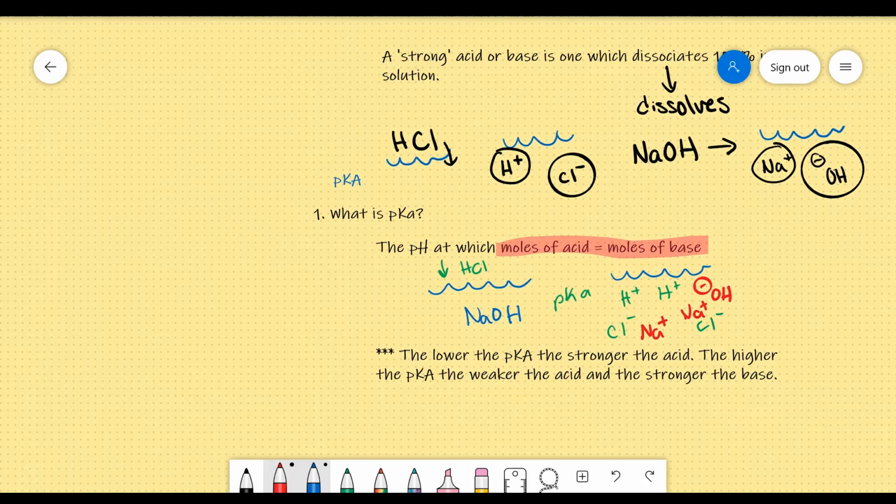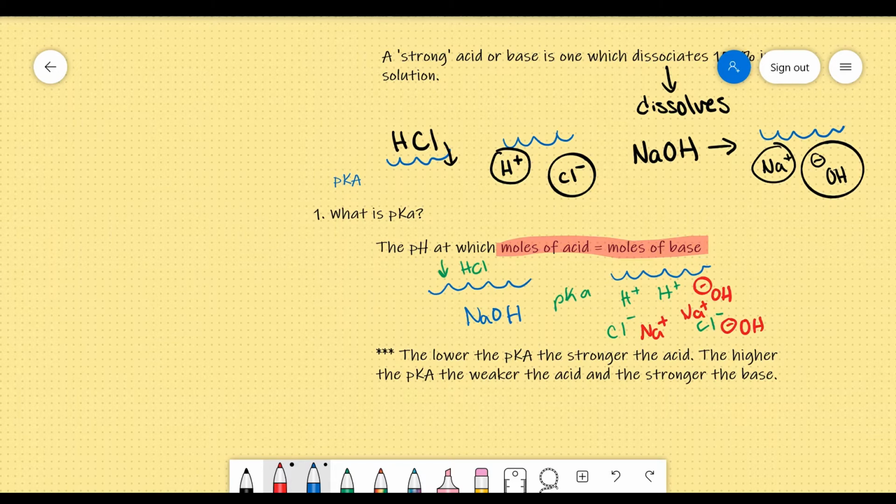So for every hydrogen, there's also a sodium, and for every chlorine, there's also a hydroxyl group. So basically what this is saying is that the amounts of the acid equal the moles of the base.